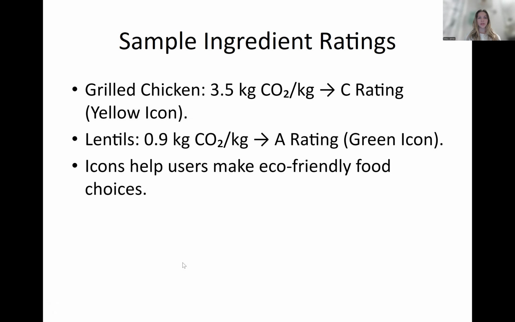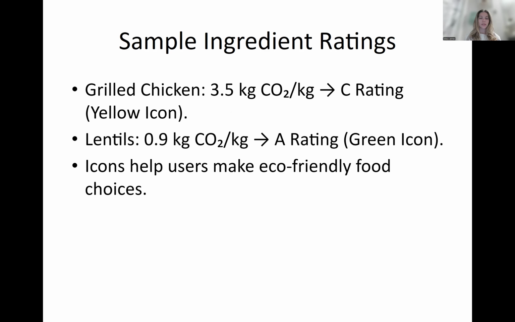So here are some sample ingredient ratings, since I can't use the actual data from the website itself. For example, we have grilled chicken, which is at 3.5 kilograms of CO2 per kilogram. This would equal a C rating, which would be the yellow icon, so this would be our level 3.